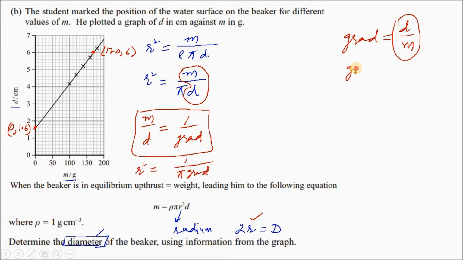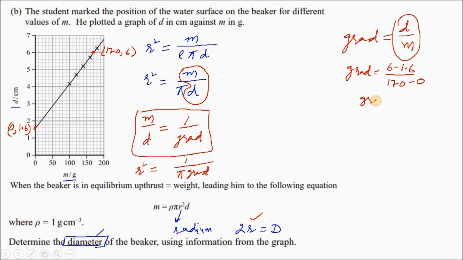So gradient is y2 minus y1. That means 6 minus 1.6 divided by x2 minus x1, which is 170 minus 0.